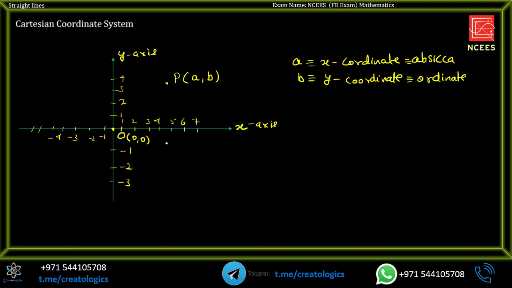Now, if you have a point lying on the x-axis, the coordinates of this point will be, say, 5, 0. See, its y coordinate, or ordinate, is 0, because this point lies on the x-axis, its y coordinate is always 0. If the point P has coordinates a, b, it means in order to reach this point, we have to move a units of distance on the x-axis and b units of distance on the y-axis.